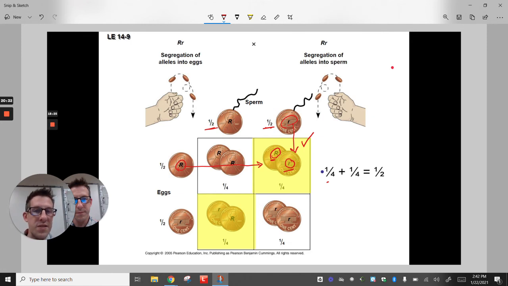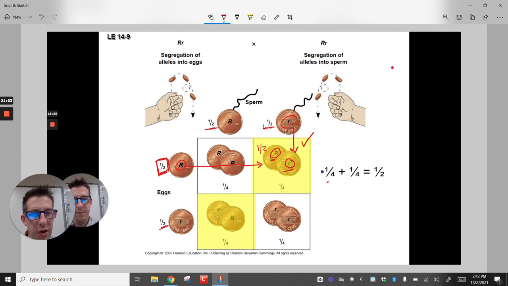Now, let's take a look at the probabilities that this happens. There's a 1 in 2 possibility that this egg with the big R actually goes into this particular baby, because we don't know for sure if it's going to be the big R or the little r down below. But we know that there's a possibility that it is the big R, and that possibility is 1 in 2. Okay? So we have a 1 in 2 chance of this event happening right here.